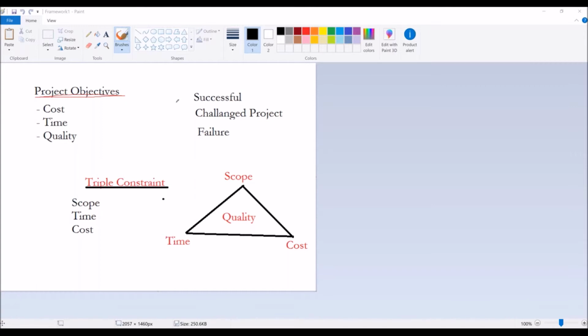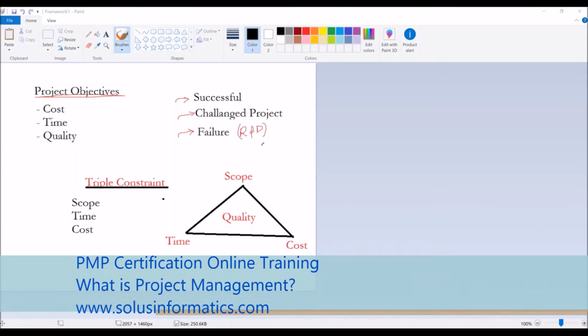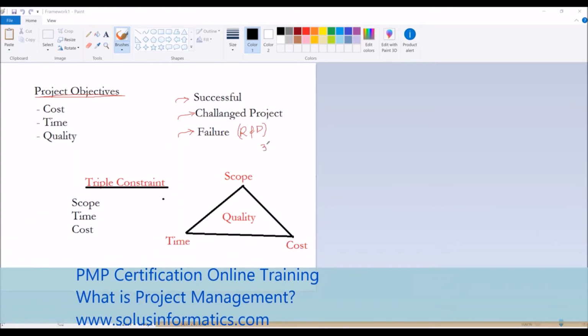The project objectives, like I was telling you, are cost, time, and quality. And like I said, you have projects that are successful, challenged, and failures. A failure is where you're not even able to deliver the scope of the project.